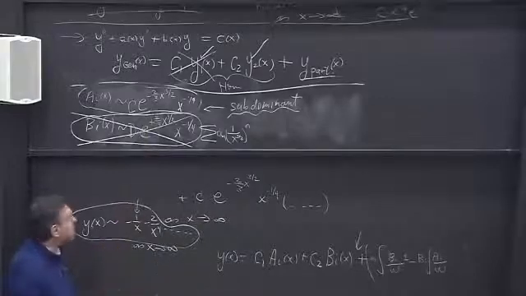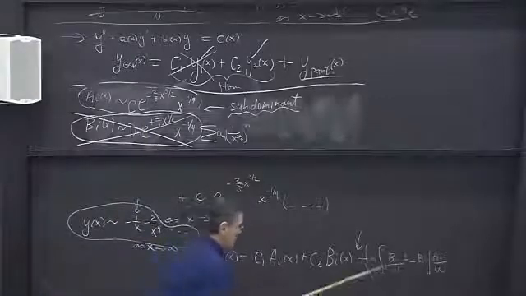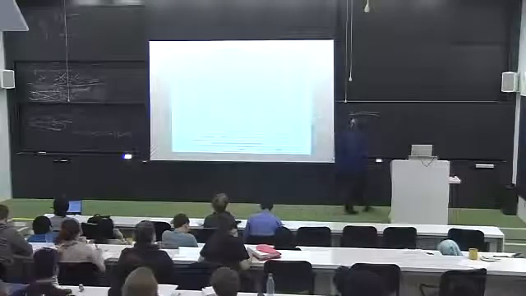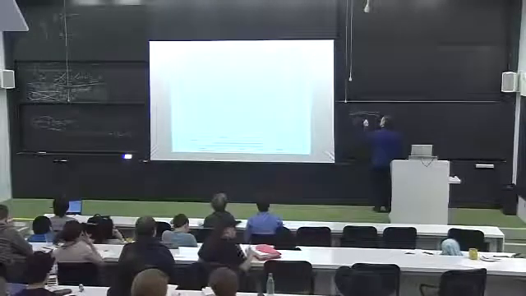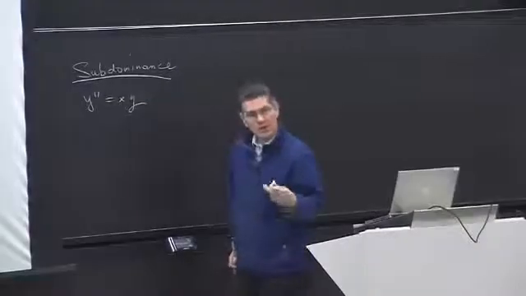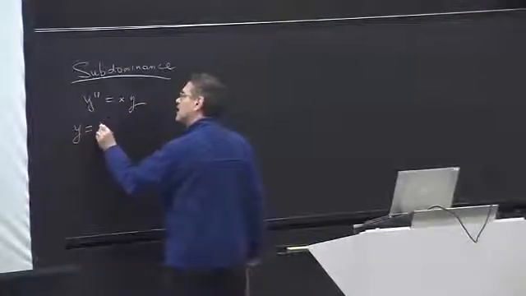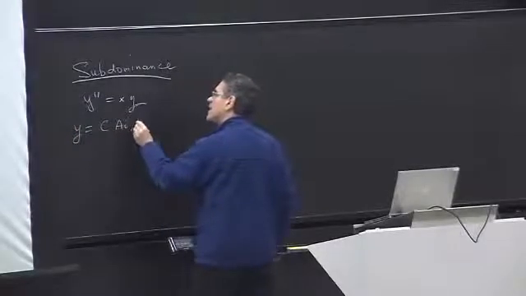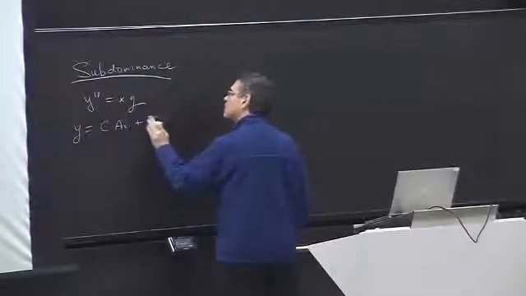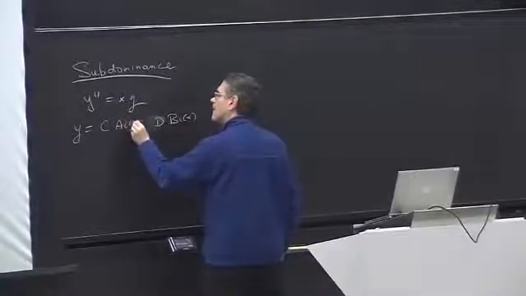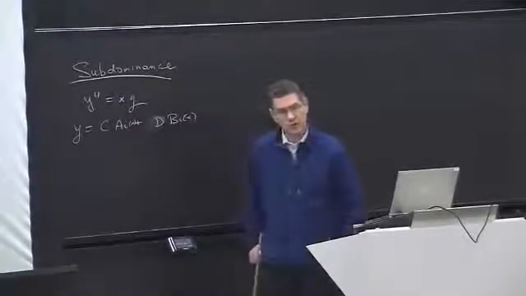Okay? Therefore, if you say that you're solving this differential equation, y'' = xy, if you only know how to solve things exactly, you would say the exact solution to this equation, y, is some constant times Ai plus some other constant times Bi of x. That's the general solution to this equation.